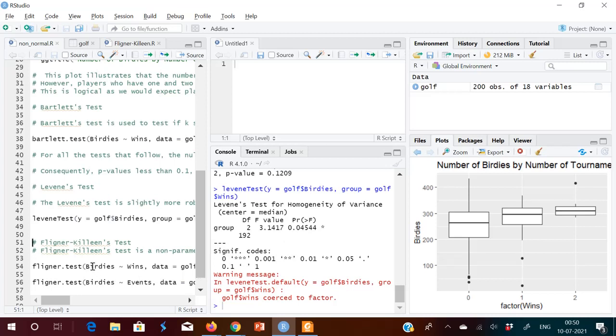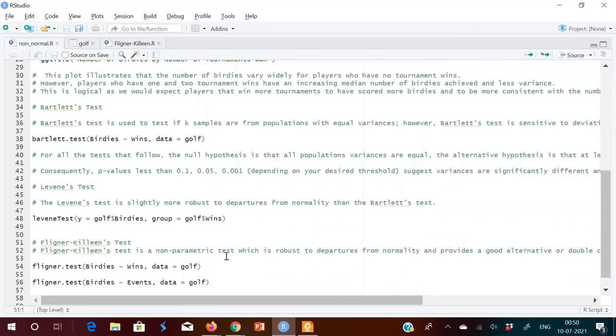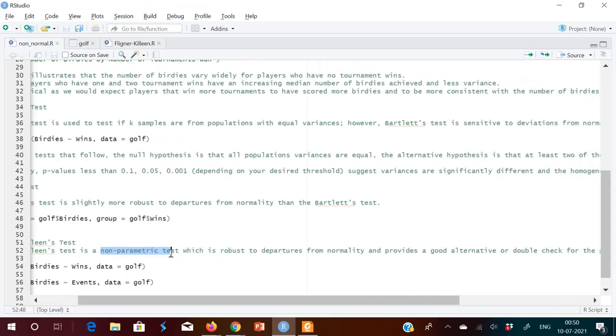So this one, the Fligner.test. This is actually dealing with non-parametric tests. A non-parametric test is one where the distribution is not normal.